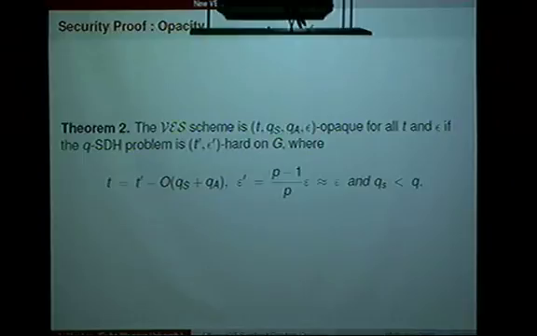This is the same as in theorem 1 for the VES scheme. If the q-SDH problem is hard, then the VES scheme is opaque. The method of the proof is the same as in theorem 1.